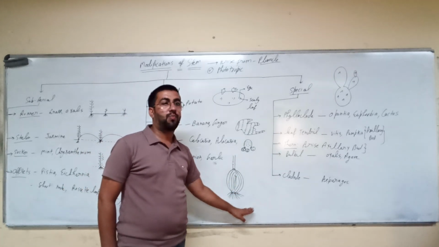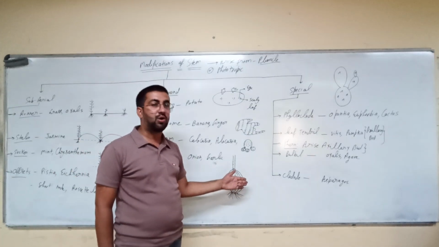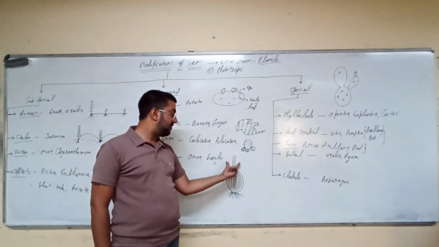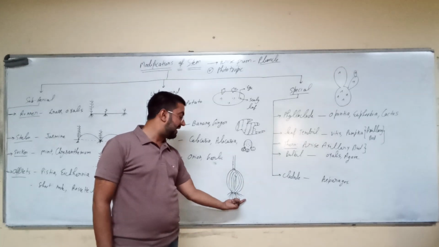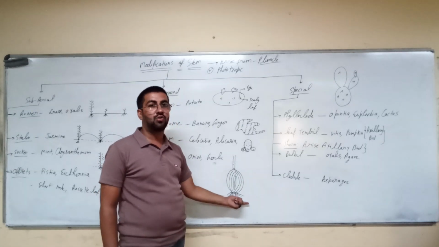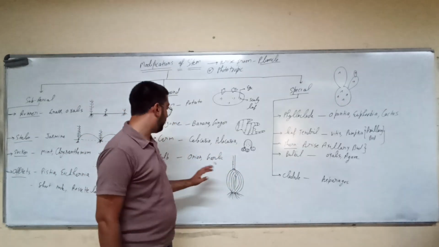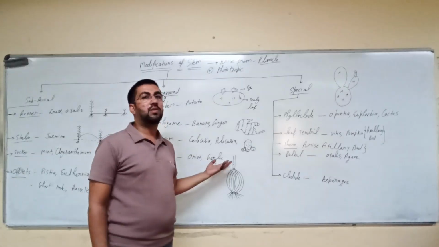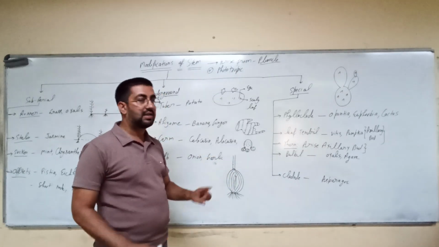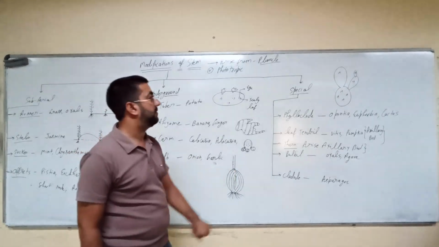They have a group of roots arising from them, so it is also a modified stem, because this is the stem, this is a fleshy leaf which stores the food, and this is root. So it is not a part of modified root, it is a part of modified stem. Example, onion and garlic. If we are discussing garlic, the modified stem is tunicated. They have normal and tunicated types.